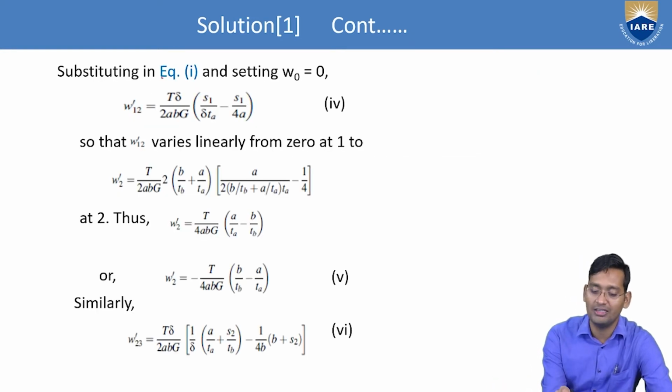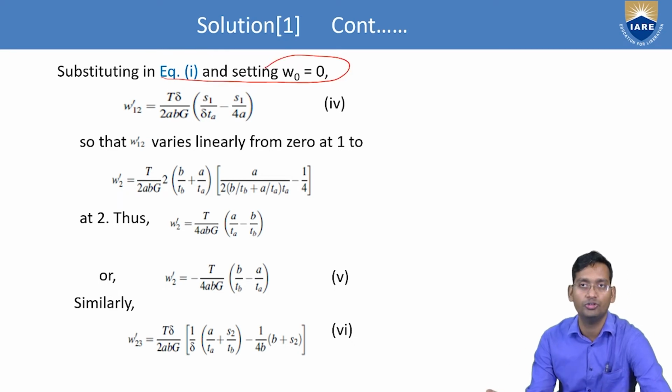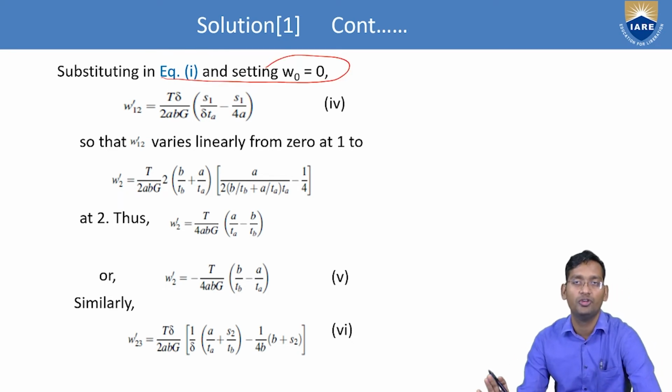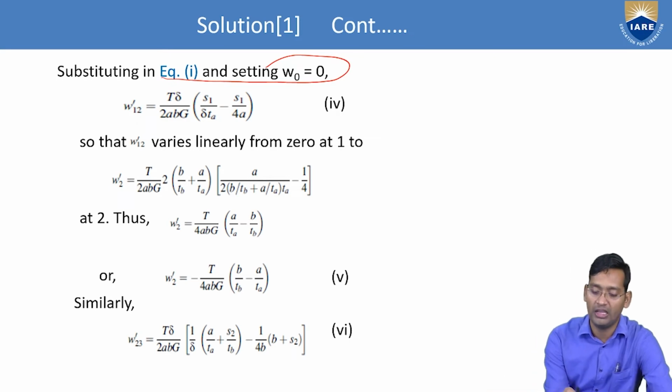Substituting in equation 1 and setting W0 to 0, substitute these things and put W0 equals 0 in equation 1. Then what we will have?